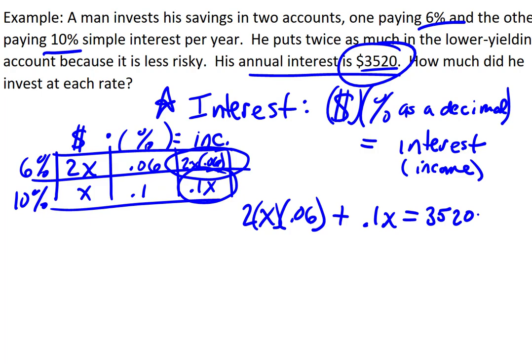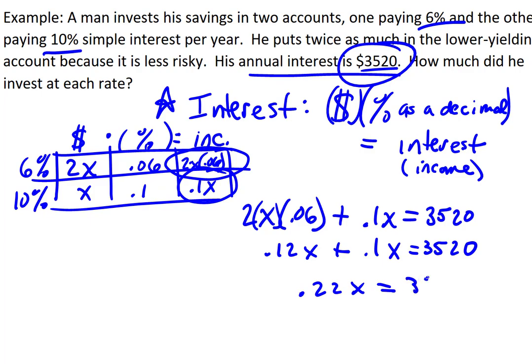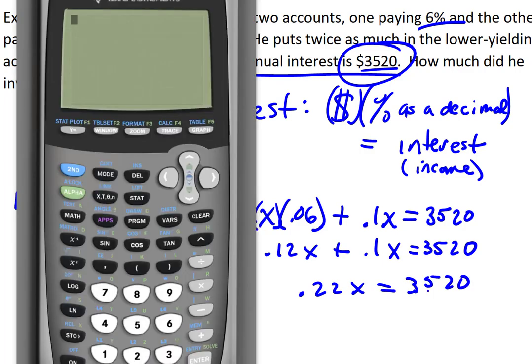Now we want to just simplify and solve for x. So 2 times 0.06 would be 0.12x plus 0.1x equals 3520. We'll combine like terms and get 0.22x equals 3520.